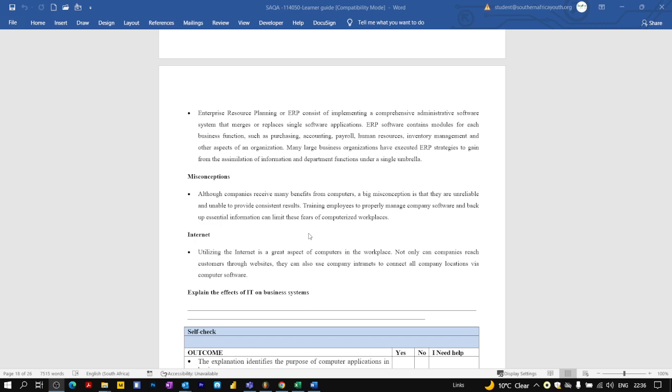They would rather people come to work and do everything on their table, write notes and so forth. But we have since understood that this is not really the best way to work. So please make sure that you adapt to computer use, but make sure that the employees are also trained in how to use computers, because in as much as you might have the best tool in the world, if you don't know how to use it, you might as well have nothing.